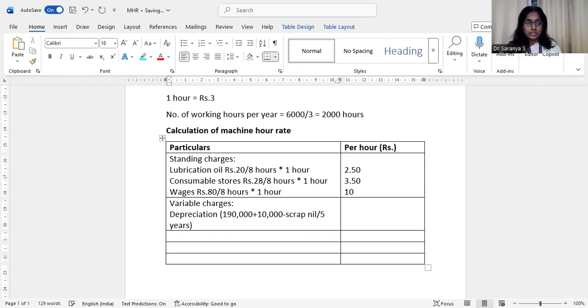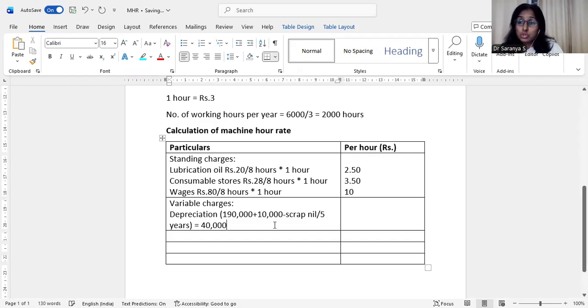So what answer will we get? 1 lakh 90 thousand plus 10,000 gives 2 lakhs. After 2 lakhs, we divide it by 5. So 2 lakh by 5, we will get 40,000.